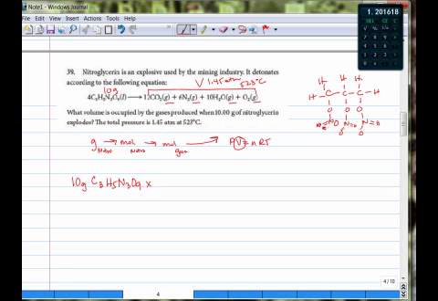But we need the molar mass of that. We have 3 carbons at 12. We have 5 hydrogens at 1. We have 3 nitrogens at 14. And we have 9 oxygens at 16. So 3 times 12 is 36, 5 for that. 3 times 14 is 42. And 9 times 16, I'm going to check on that.